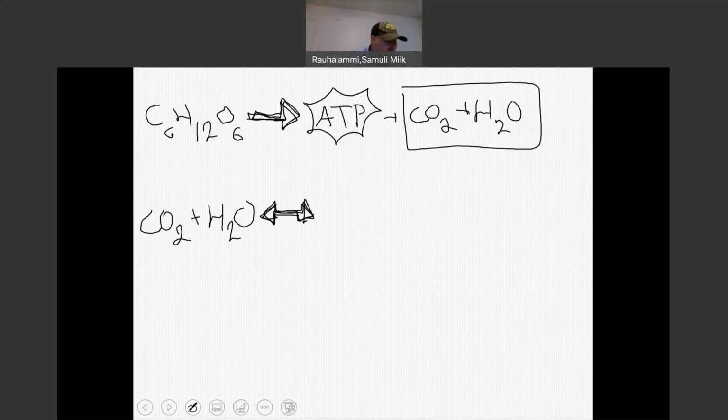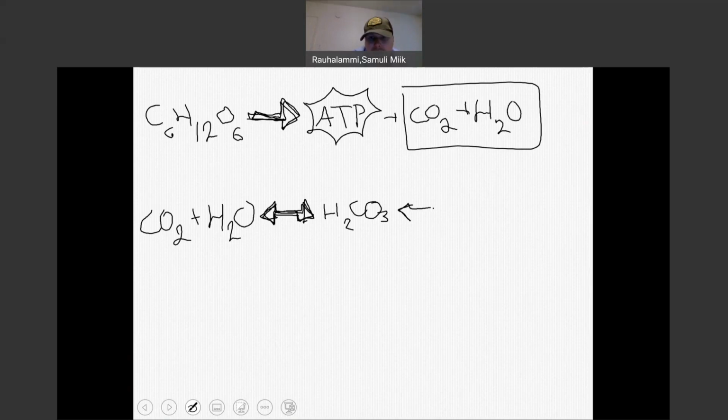So our carbon dioxide and water from metabolism can be converted into carbonic acid. And carbonic acid is really how most of the carbon dioxide is being transported.